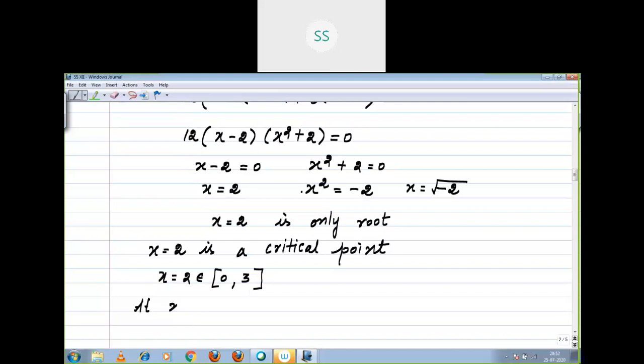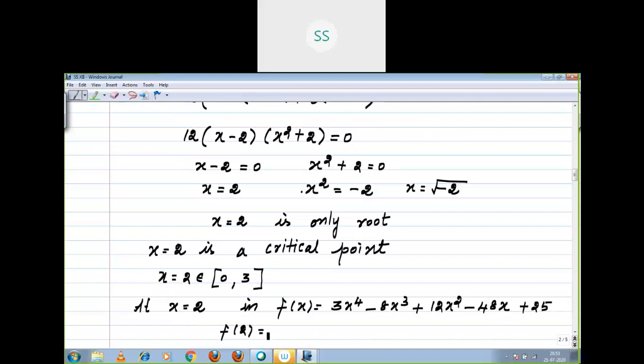At x is equal to 2, in f of x equal to 3x power 4 minus 8x cube plus 12x square minus 48x plus 25.